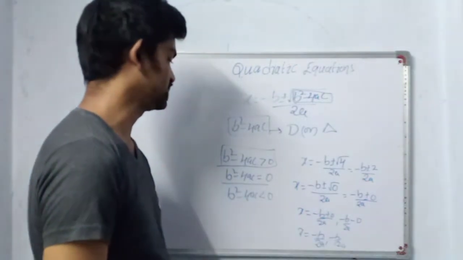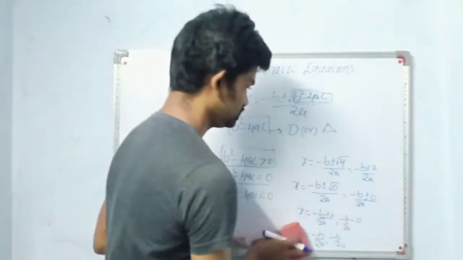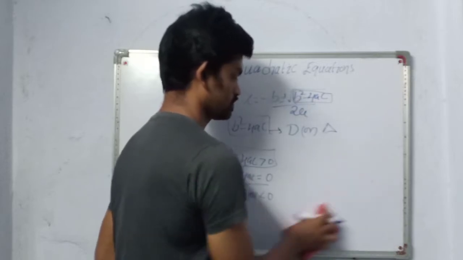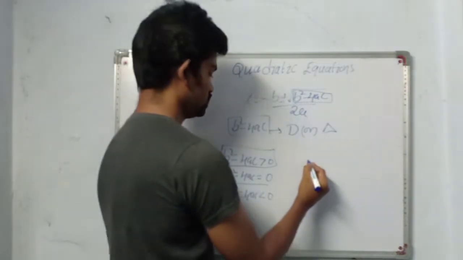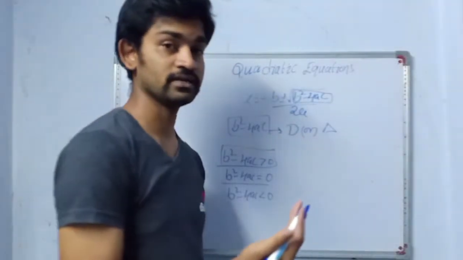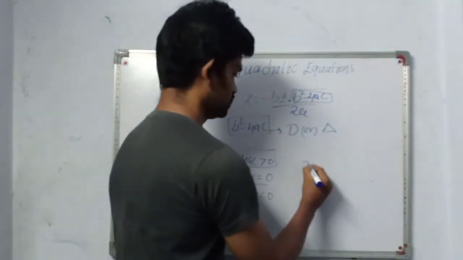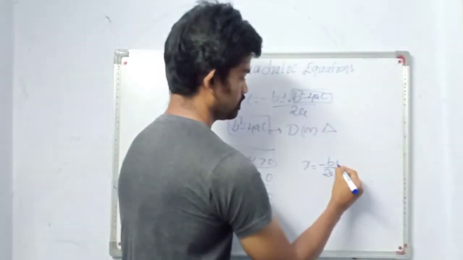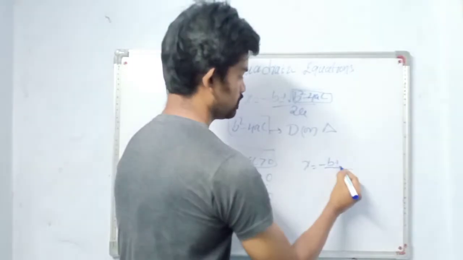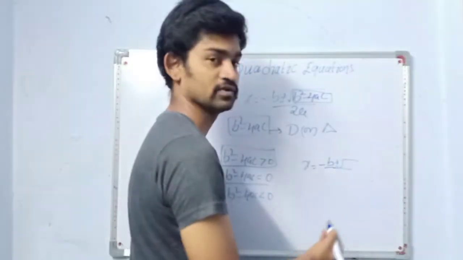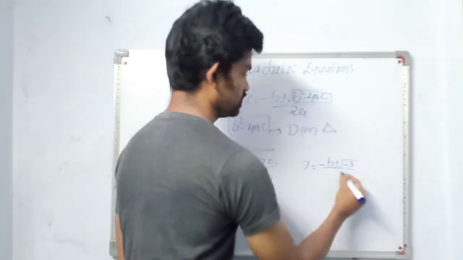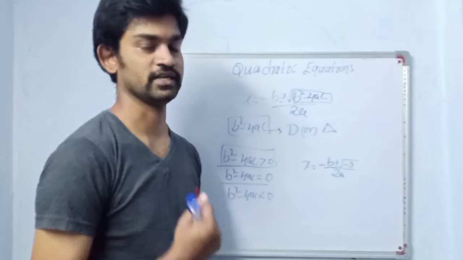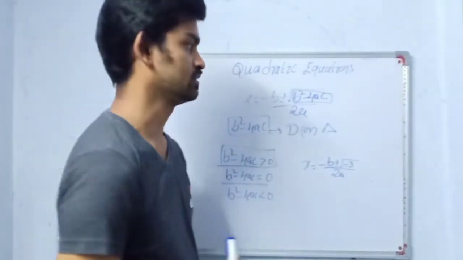Let us take the third condition, that is less than 0. Less than 0 is nothing but a negative value. x equals minus b plus or minus root over any value you can take, I will take minus 3, by 2a. Now see here, root over minus 3 is not a real number, it is an imaginary number.